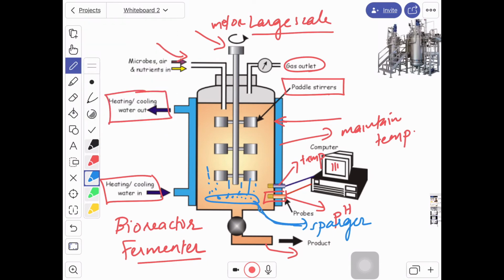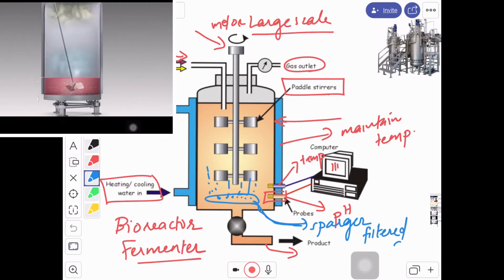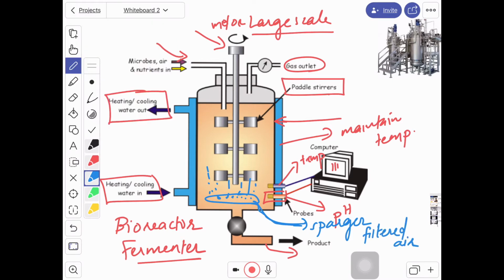The sparger bubbles out filtered air, and that improves aeration. The stirrers improve mixing. Probes monitor the internal environment, and there is also an inlet for addition of nutrients and any acid, base or other chemicals to the fermenter. This is a basic design of a stirred tank fermenter.